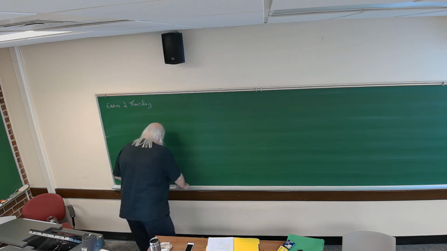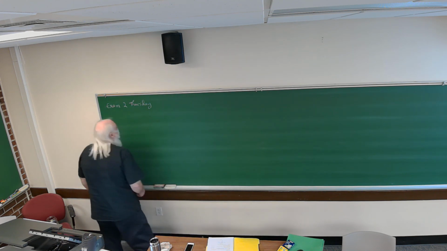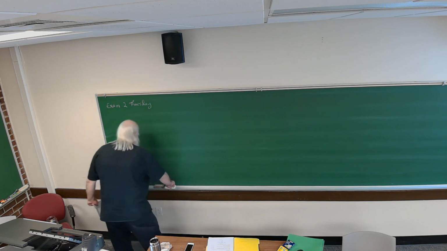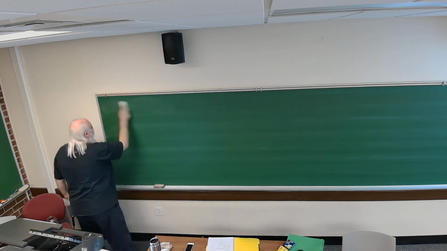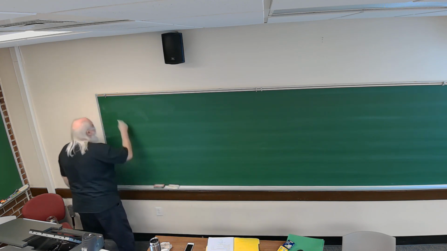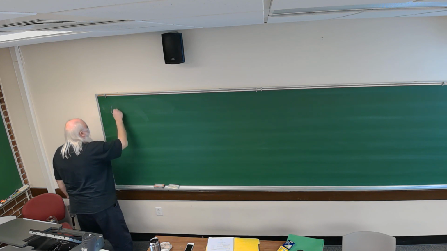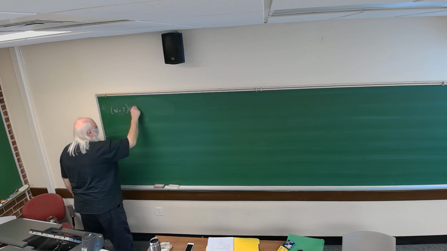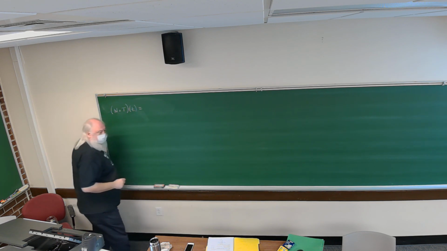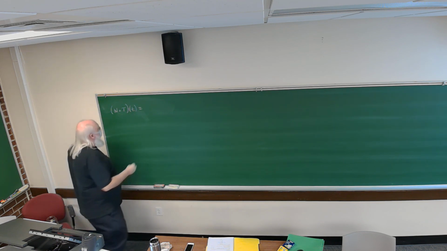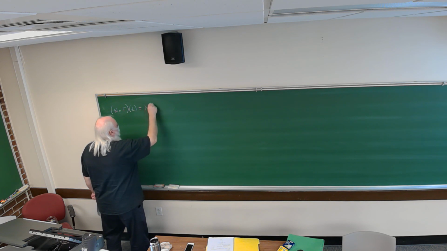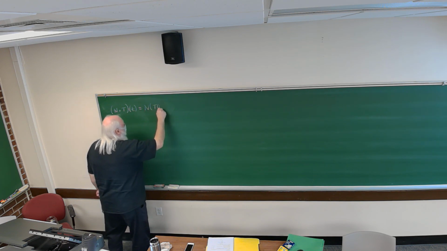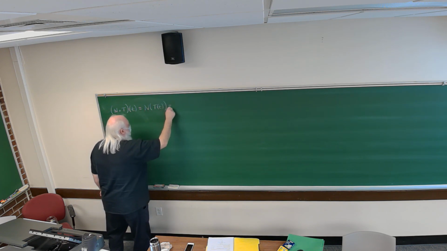So we're taking the composite big N with big T as a function of little t, and that's equal to N of T of t.